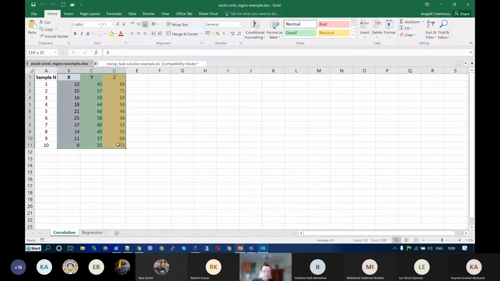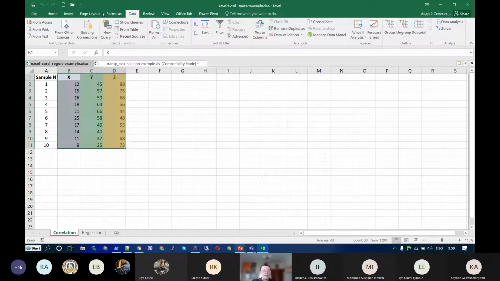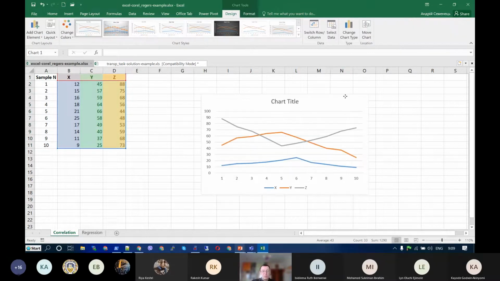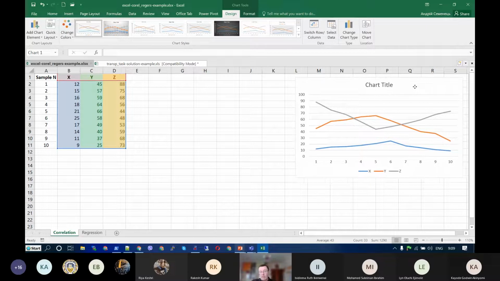As I said in the previous lecture, it's a good idea to visualize them with a chart. If we just want to display our data, because the sample is an ordinal variable, the independent variable is definitely the sample number, so it's absolutely correct to insert a line chart to visualize our data, so we can make some visual assessment.